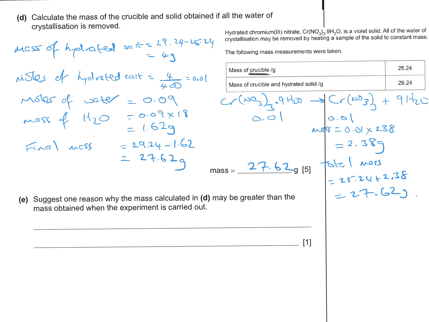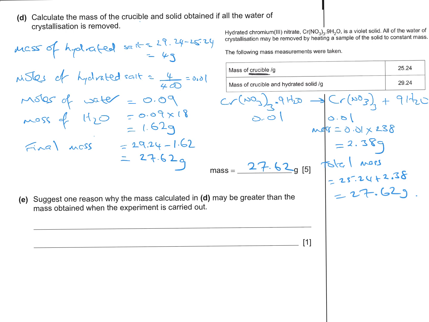And part E, one reason why the mass calculated may be greater than the mass obtained when the experiment is carried out. Now, this type of question is usually asked in a different way. Typically, if you get a value for water of crystallization that is greater than the expected value, so say this was 11, then that would indicate that some of the salt had decomposed.